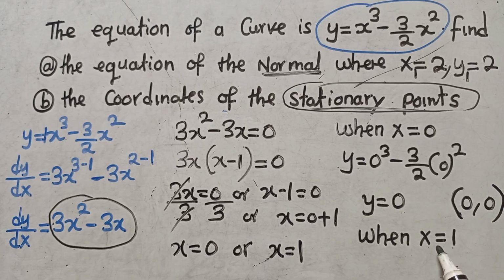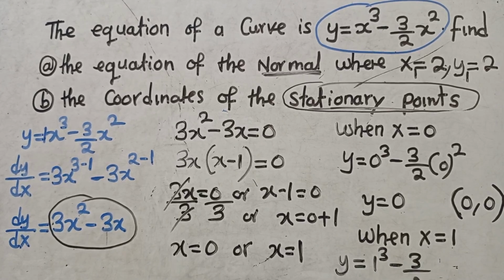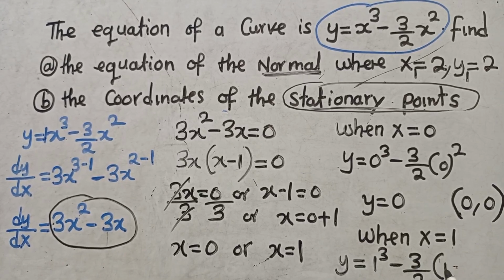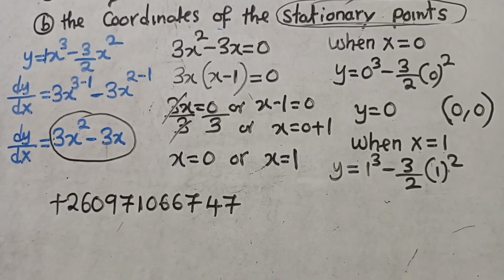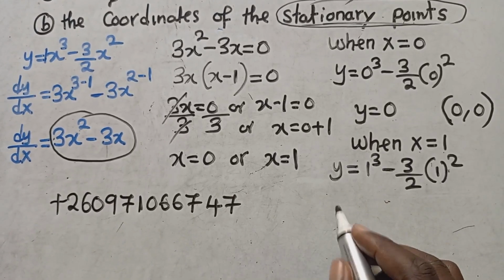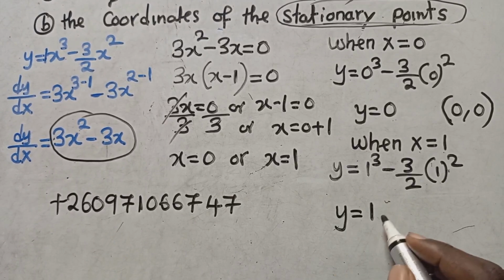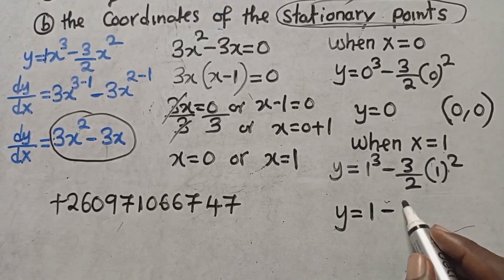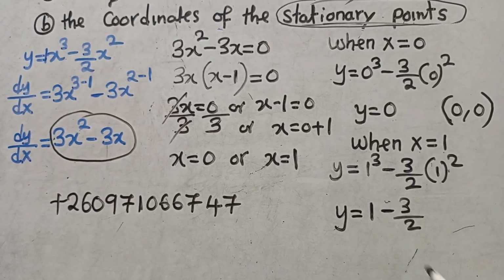So x is 1. You get the equation, where there is x, put 1. So y is equal to 1 cubed minus 3 over 2 times 1 squared. How then can we evaluate this? y is equal to 1 minus 3 over 2.